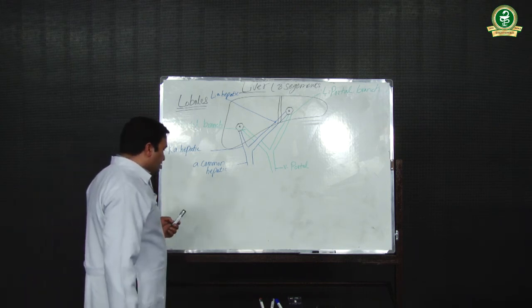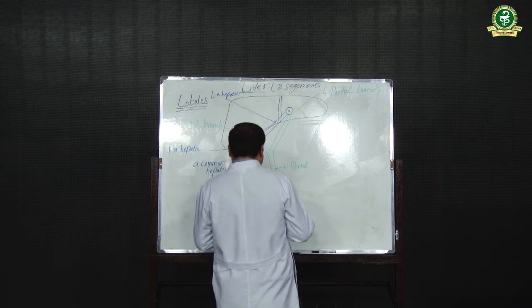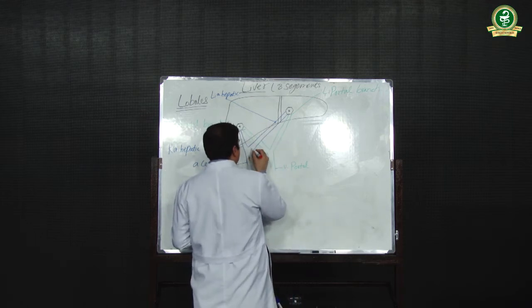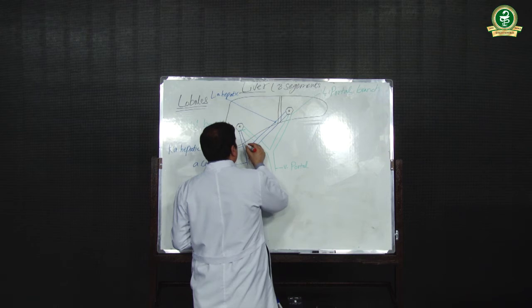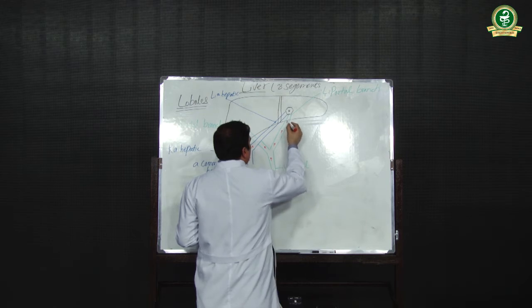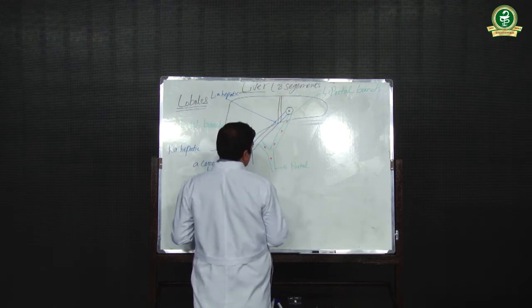Next, we take a blood supply. It means they give blood to the liver. That is the arrow, meaning it gives blood to the lobules, to the liver.